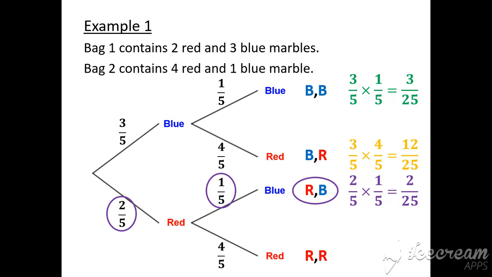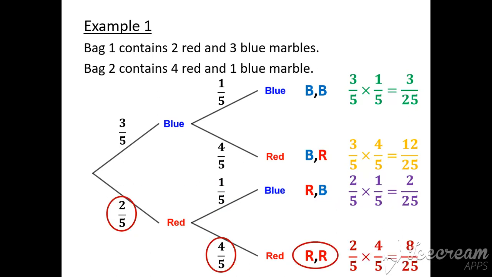And finally, when I do my last multiplication, multiply these probabilities, I get 8 chances out of 25 of getting 2 red marbles. So the key thing here, multiply the fractions on the branches, or if you're using decimals, multiply the decimals to get the total overall outcome of each of the 4 scenarios.